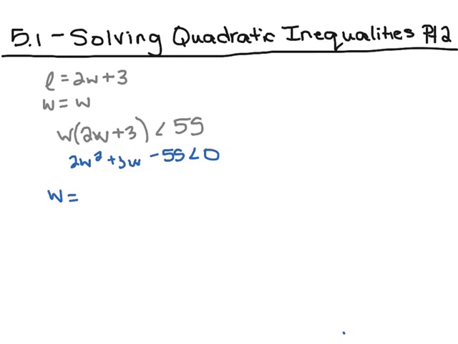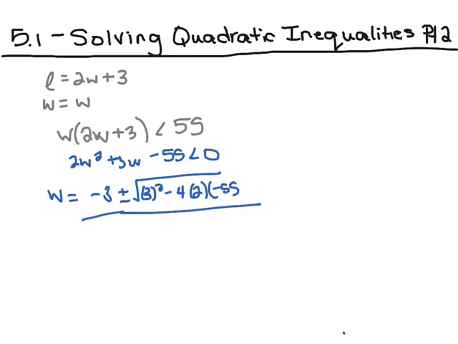So w equals negative 3 plus or minus the square root of 3 squared minus 4 times 2 times negative 55, over 2 times 2.